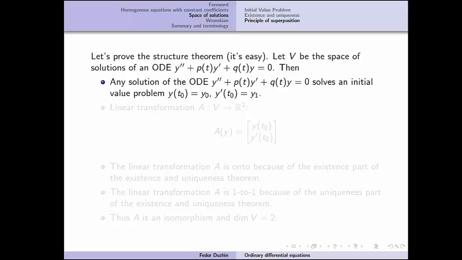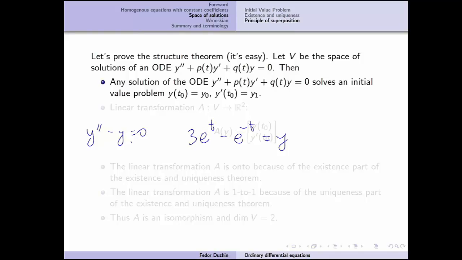So for example, say our differential equation is y double prime minus y is 0, and suppose that we wrote a particular solution, like 3 e to the t minus e to the minus t.